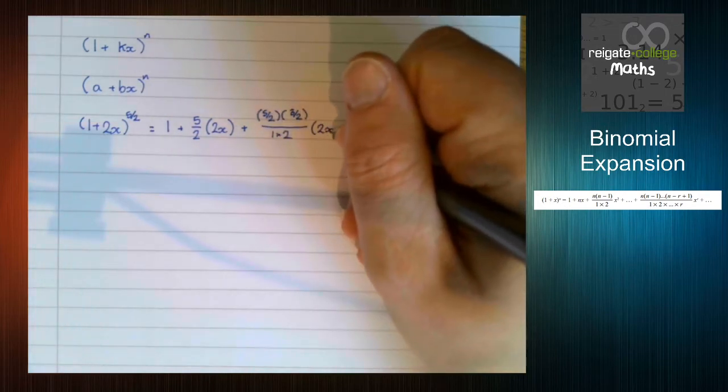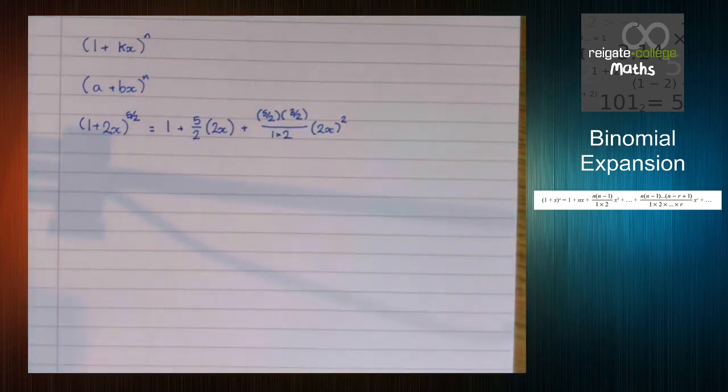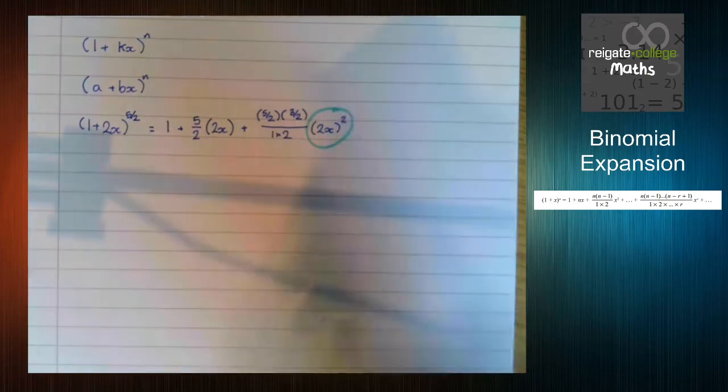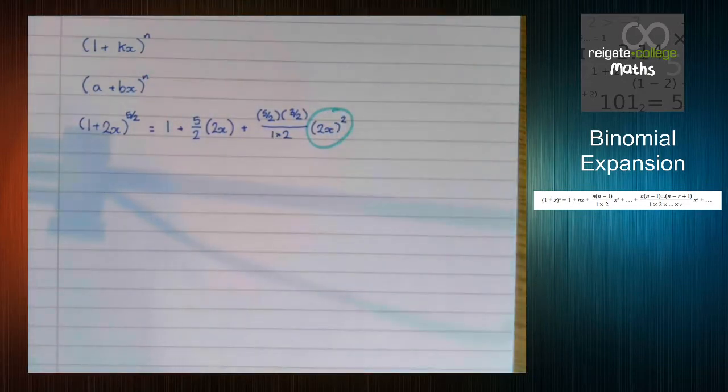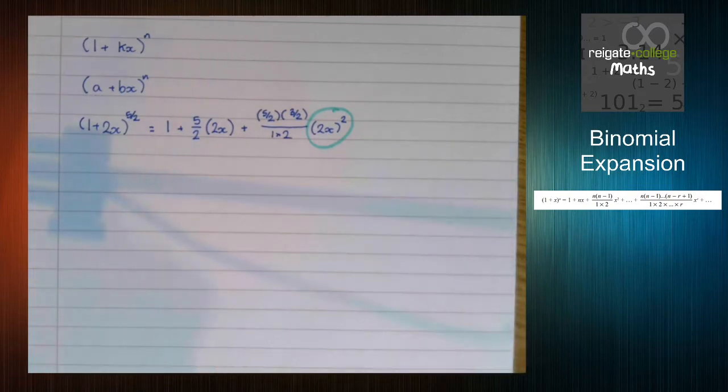Now do be careful when expanding this type of thing. Notice how I've been very careful here with where my bracket goes. A very, very common error with this type of example is to forget to square the 2 in this case. We're going to do one more term.